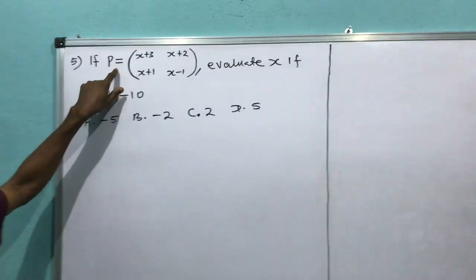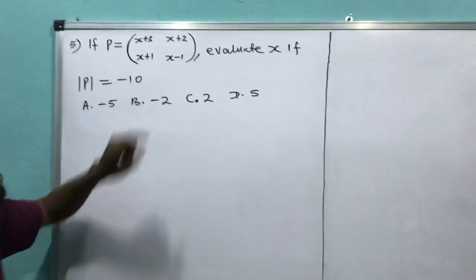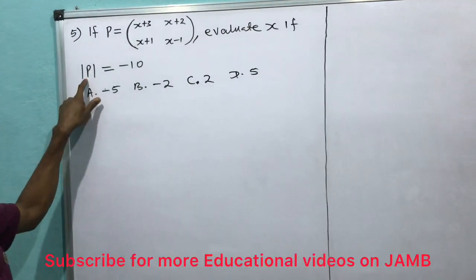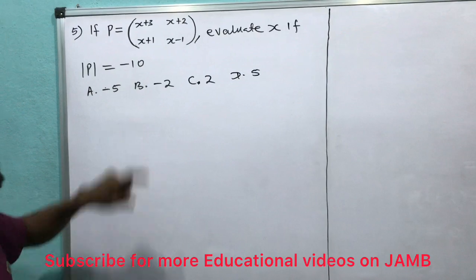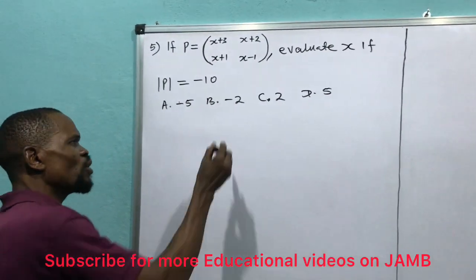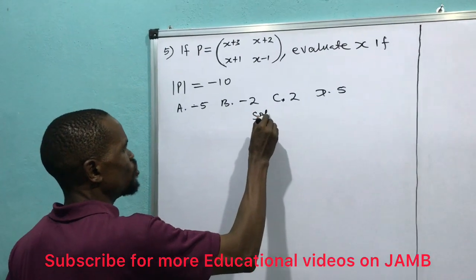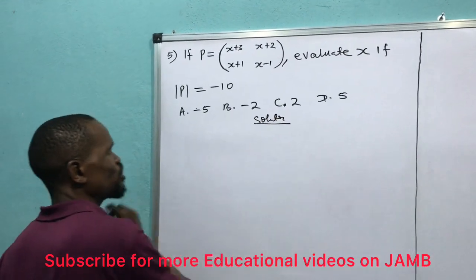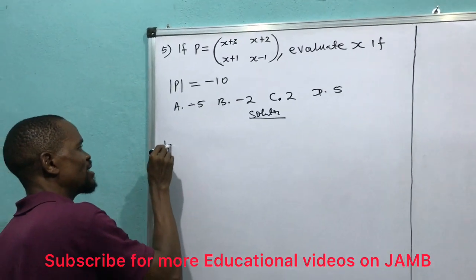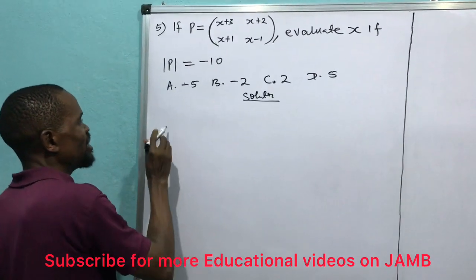If P is a 2 by 2 matrix, evaluate x if the determinant of P is equal to minus 10. You remember what we said? Solution. We have solved similar questions before.